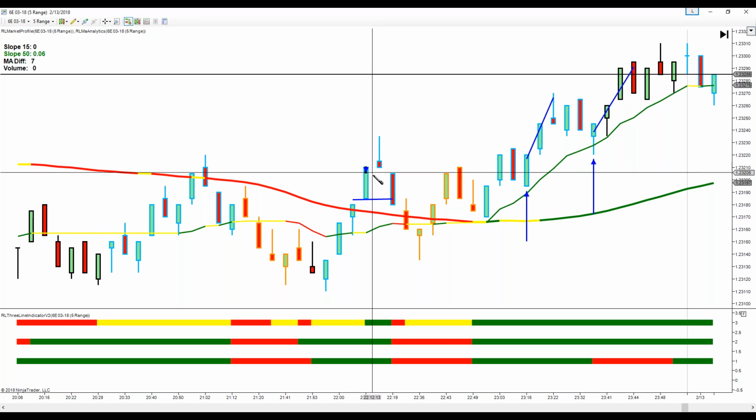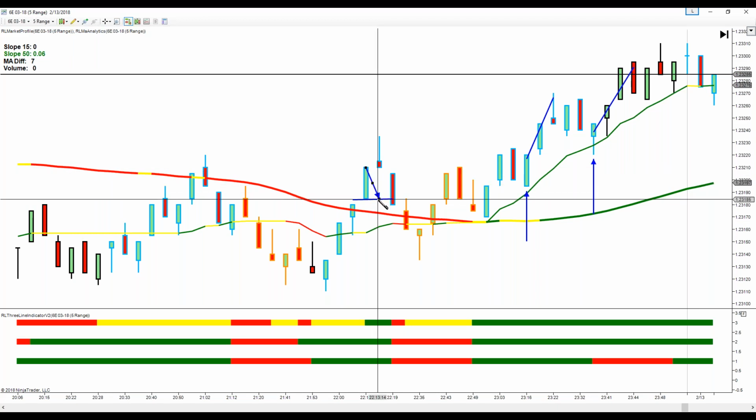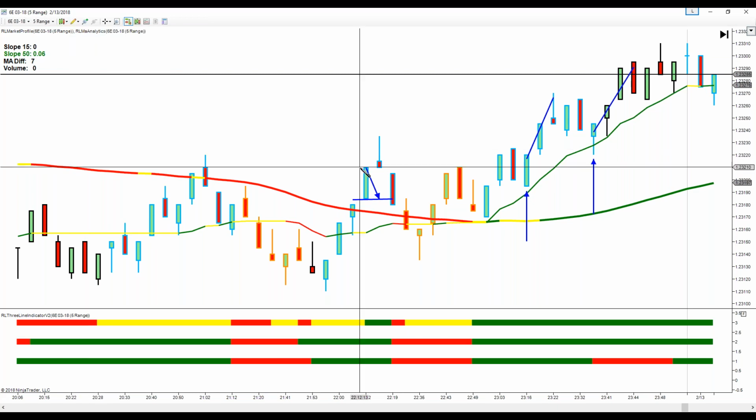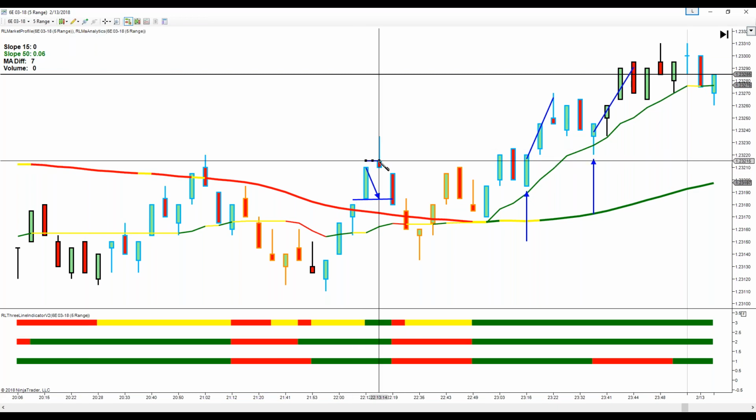So when price comes back, it can come back to the base of the candle and it hits support. So we don't want to get stopped out. Now our entry is one tick above the close. The candle closes here, our entry would be here.